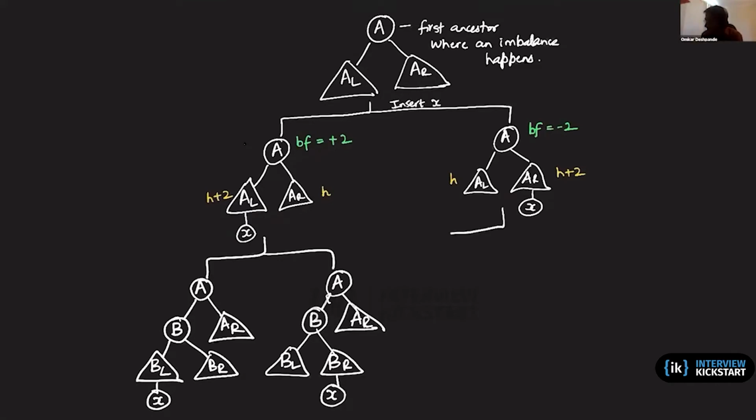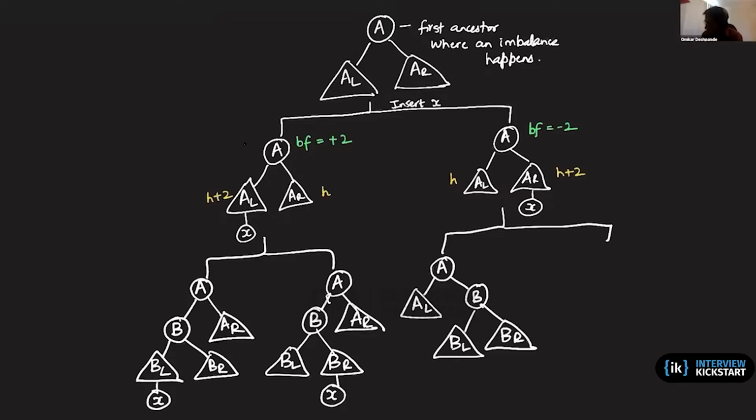I'm going to have two symmetric cases here. If X was inserted in the right subtree of A, let's zoom in a little more into that and see where exactly X got inserted. Did it get inserted in the left subtree of B or in the right subtree of B?